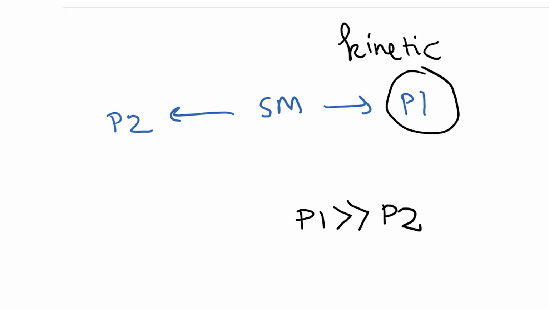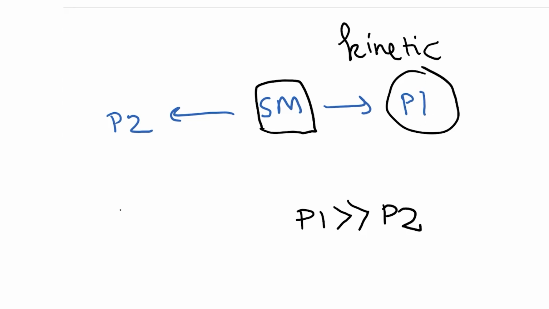That means that the outcome of the reaction is dictated exclusively by the rate of formation of the product, and the major product that is produced is the kinetic product.